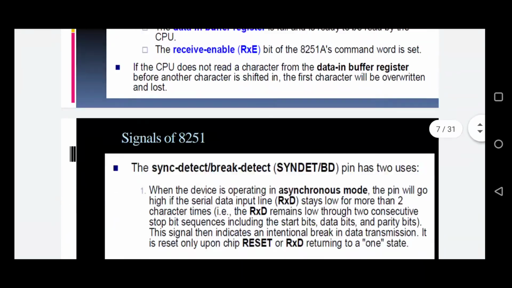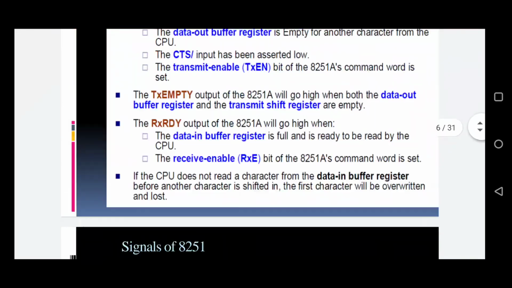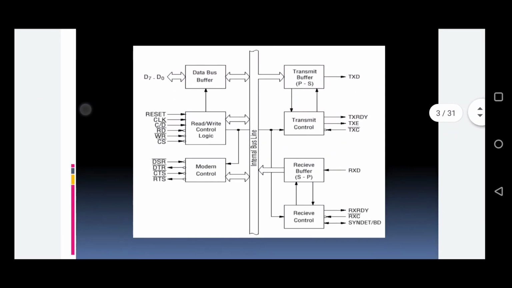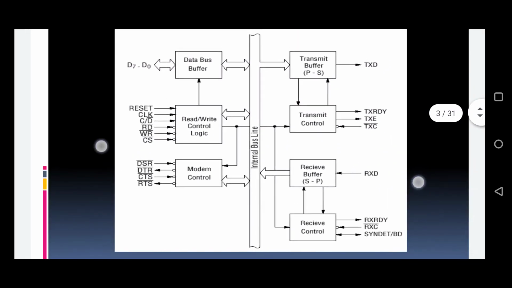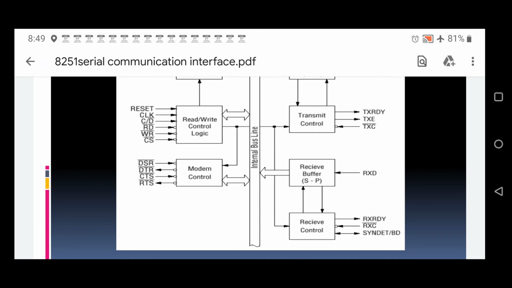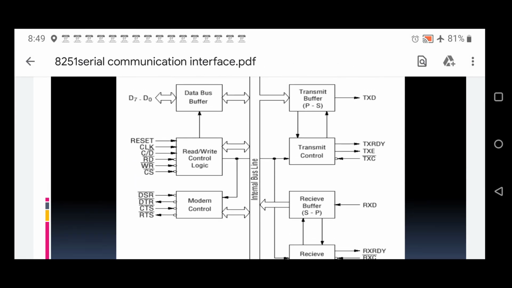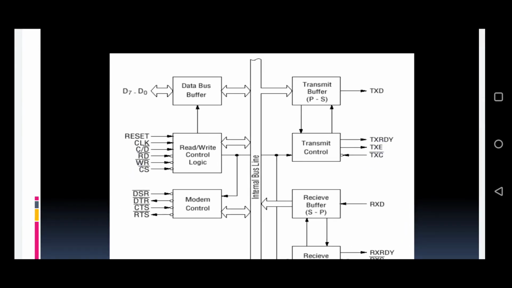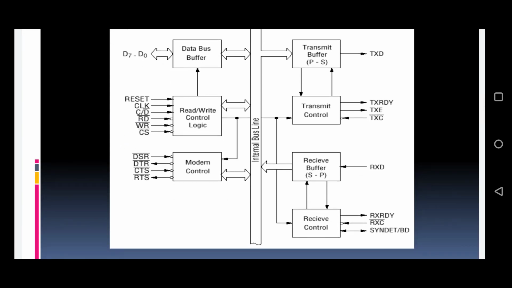Next we are going to discuss the block diagram of 8251. Let me show the blocks. The first block is the data bus buffer, the next one is the read write control logic, and the third one is modem control. On the right hand side, the transmit buffer does the parallel to serial conversion, along with transmit control.